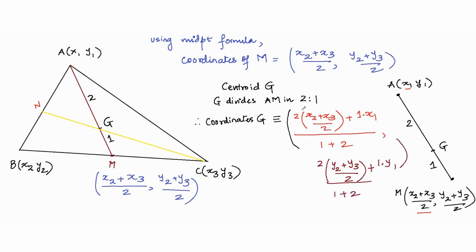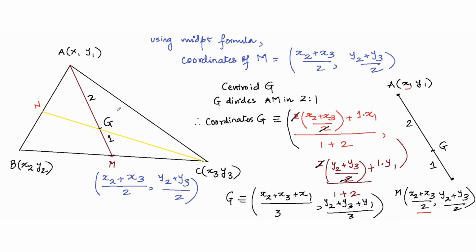So now if you think about it, 2 and 2 get cancelled, 2 and 2 get cancelled. Therefore, the formula for the centroid of a triangle becomes (x2 plus x3 plus x1) divided by 1 plus 2, which is 3, comma, over here 2 and 2 got cancelled, so (y2 plus y3 plus y1), the whole divided by 3.